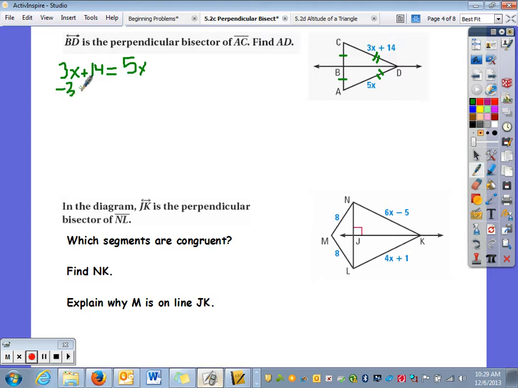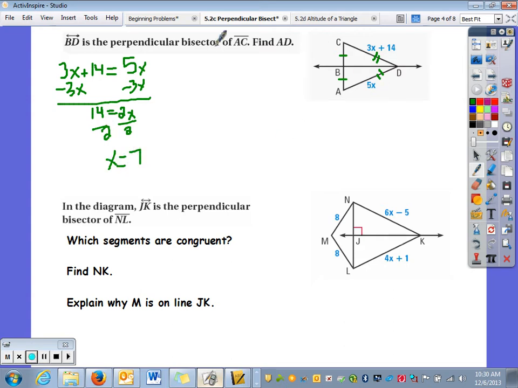To solve it, I'm going to subtract 3x, do our algebra skills, it's 14 equals 2x, divided by 2, x comes out to be 7.